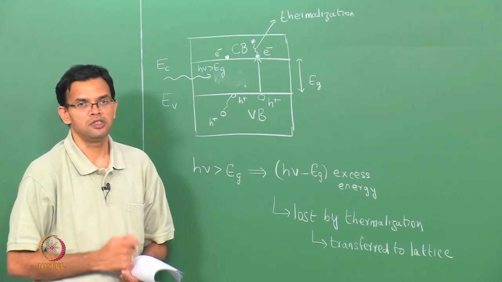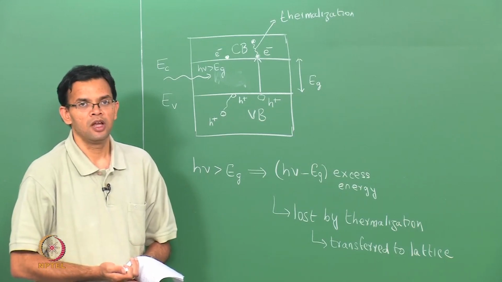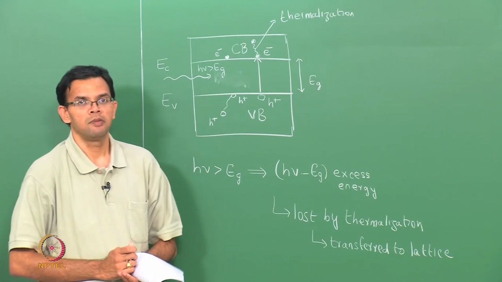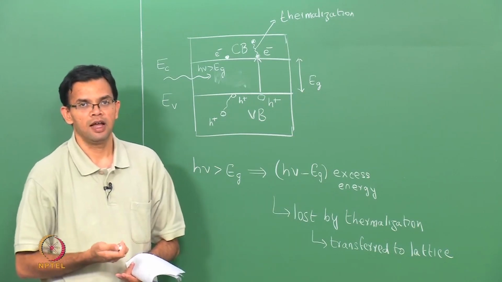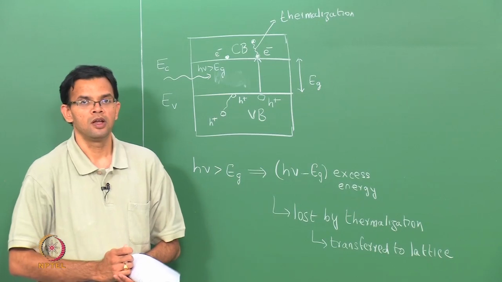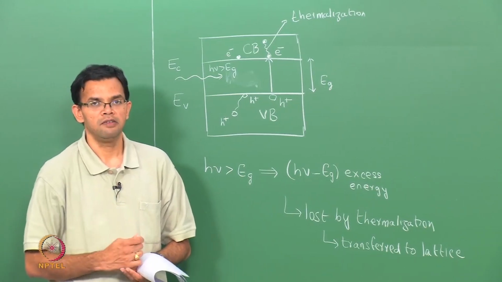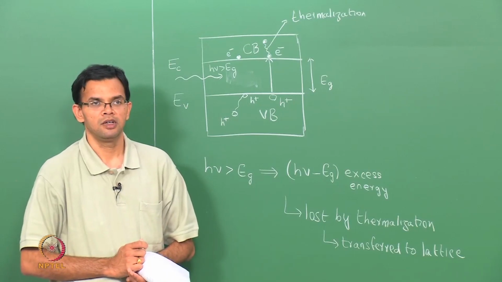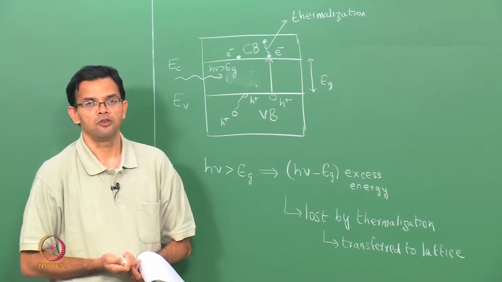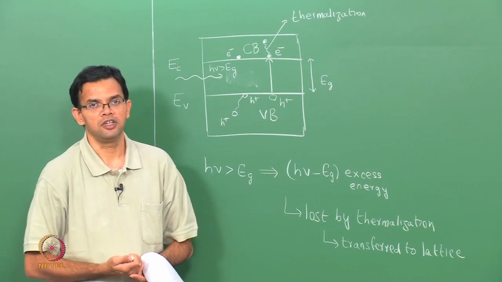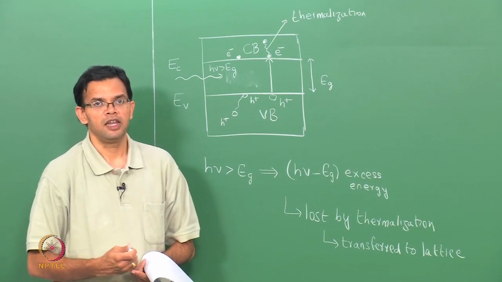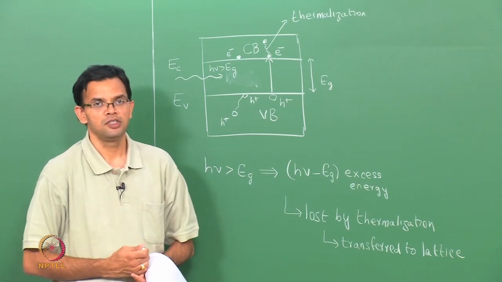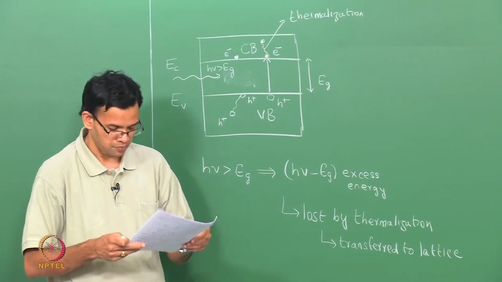Usually when h mu is just equal to Eg, you have the electron at the edge of both bands, but the density of states at the edge is 0. But we saw earlier that even if you are kT above Eg, and kT at room temperature is just 25 milli electron volts, you have a large density of states. So even for energies slightly above Eg and very close to it, you will still have optical absorption.